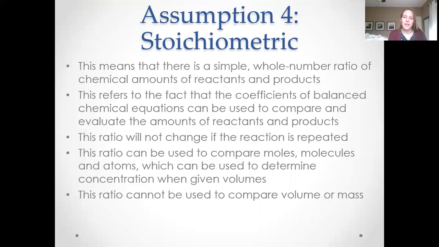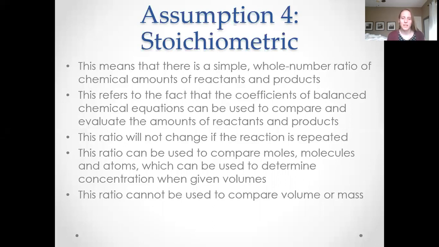Stoichiometric means that we can use the mole ratio, essentially, that you can set up the balanced chemical equation and that those coefficients actually tell you the relative amount of reactants and products that you have. And no matter how many times you do that reaction, that mole ratio should stay constant.